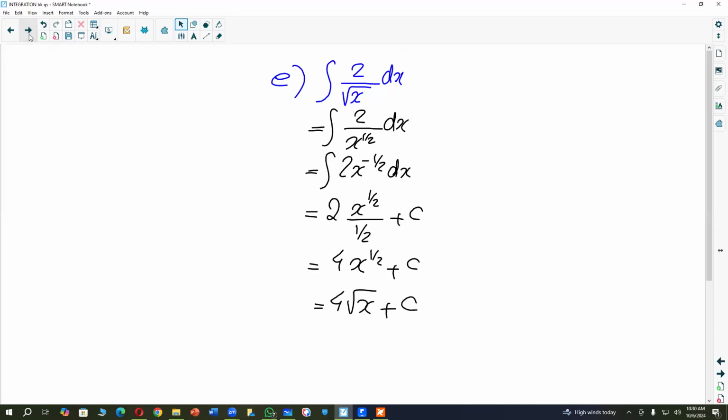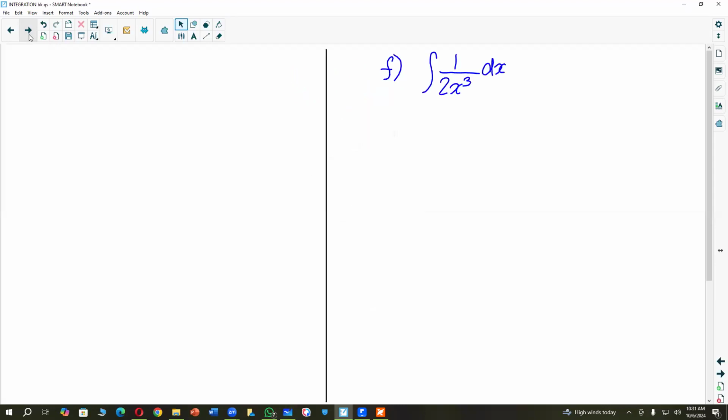And then now you will integrate, remove the sign. Okay. Done. I understood. Now, this is actually the part E.